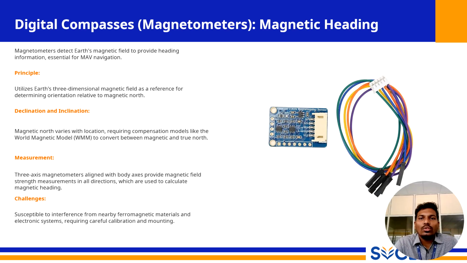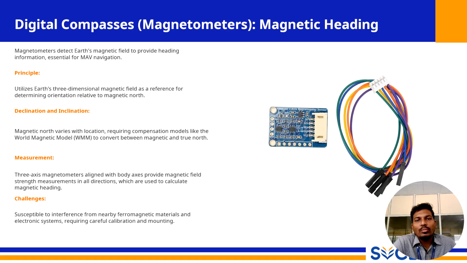However, using this measurement for navigation is not as simple as just pointing towards magnetic north. A significant complication is that magnetic north varies with location, requiring a compensation model like the World Magnetic Model (WMM) to convert between magnetic and true north.